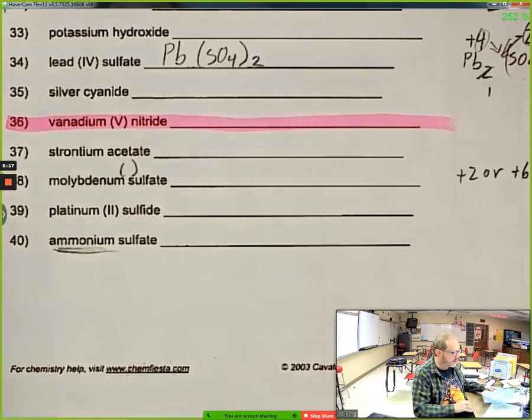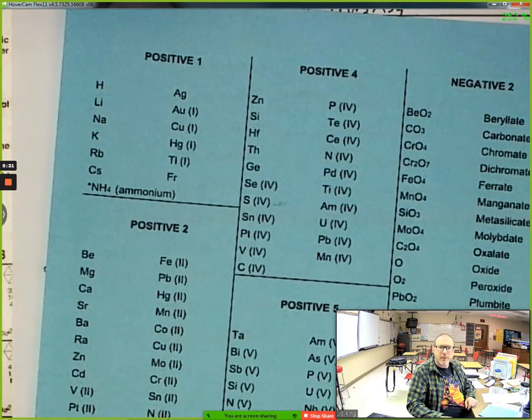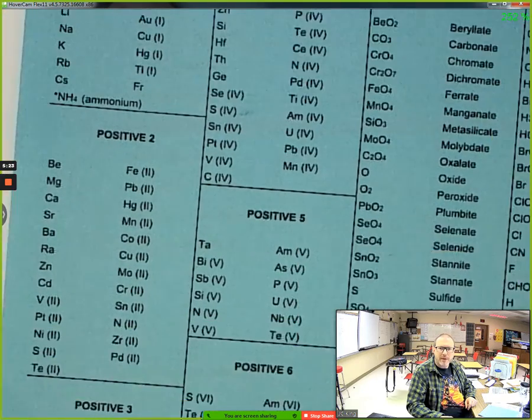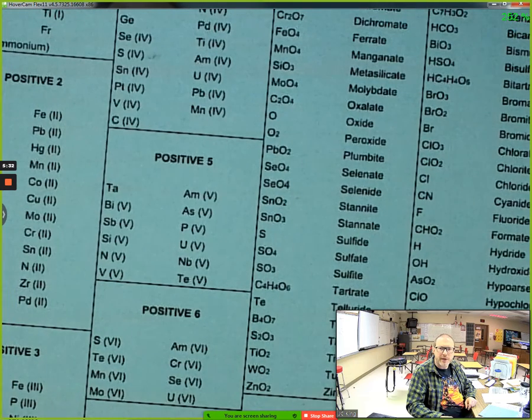And so my answer to you is just, well, take a look at the chart here, because all the ones that are in positive 1 look like that, all the ones in 2 look like that, all the ones in 5 look like that. So if you didn't know that V was 5, you could look on the chart here and it would tell you. Okay, and sure enough, there's a vanadium with a V.